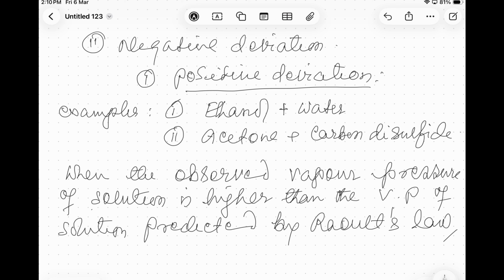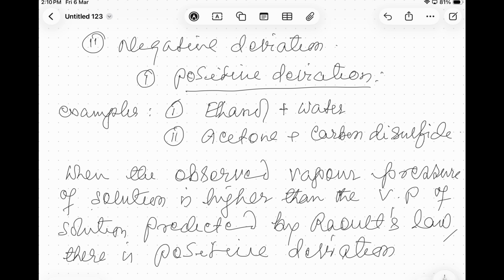There is positive deviation, or it is called positive deviation.